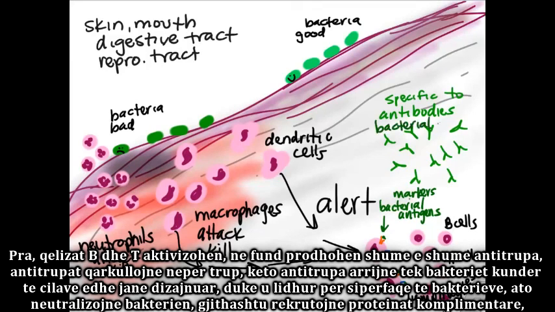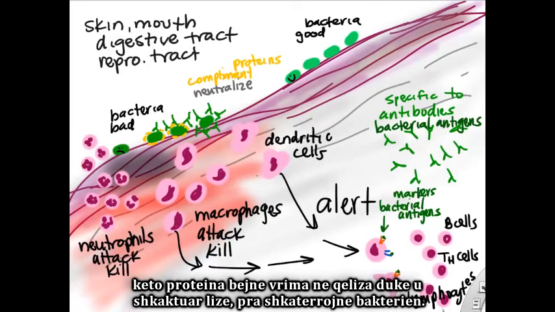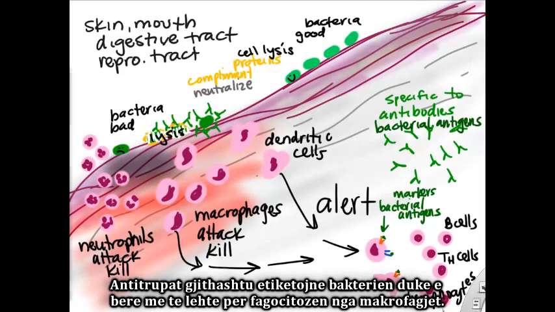Eventually those antibodies will reach the bacteria that they're designed against and bind to the surface of those bacteria. They'll neutralize the bacteria and also recruit complement proteins. The complement proteins can punch holes in those cells, causing them to lyse, destroying the bacteria. Also, the antibody labeling of the bacteria makes it easier for phagocytosis by cells like macrophages.